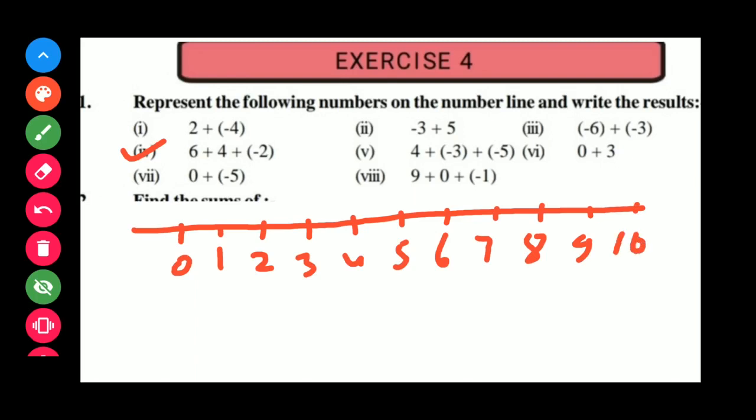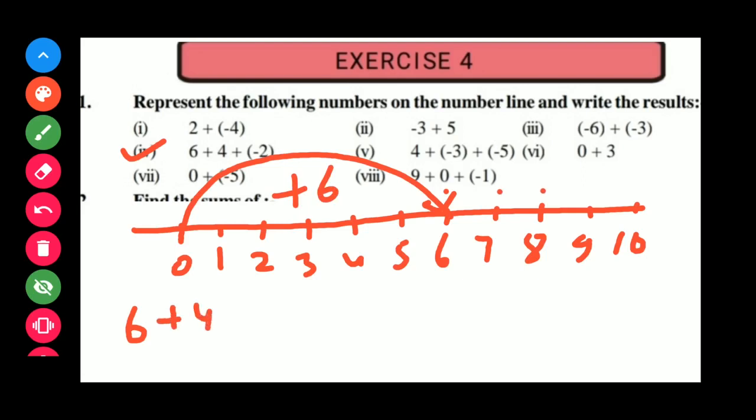So first of all the sixth one, that is the 6. So you can go plus 6, that is here. So you can write this one, that is our plus 6. Now come to the plus 4. So you can count 1, 2, 3, 4. So you can go this type, that is the plus 4.